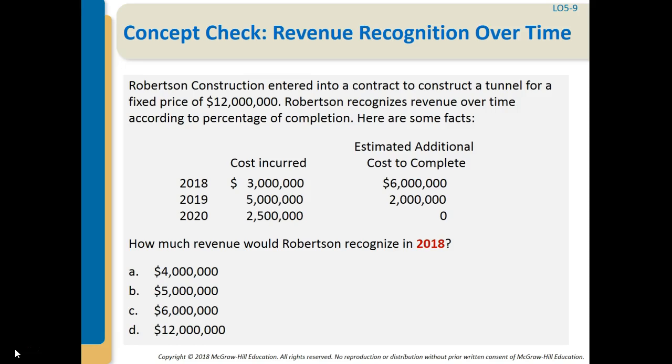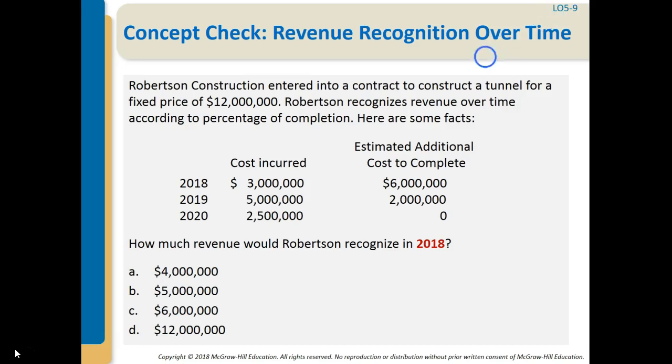Now let's look at another one. Robertson entered into a contract to construct a tunnel at $12 million, and then we see the various costs incurred along with the estimated additional cost to complete. The question is, how much revenue would Robertson recognize in 2018?